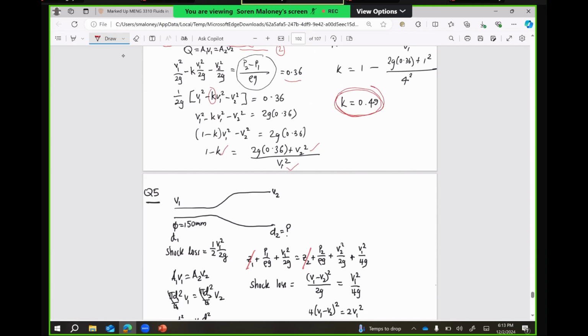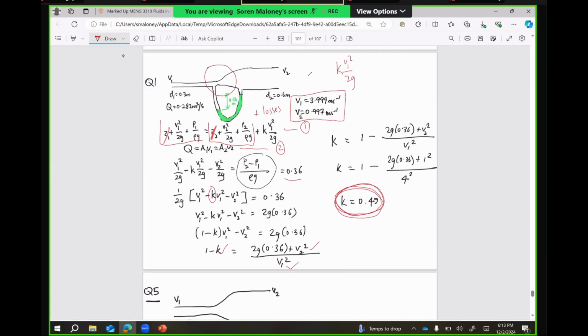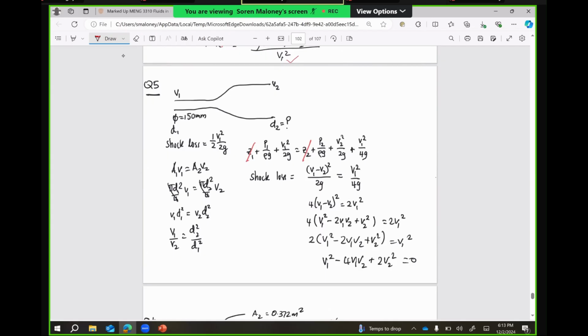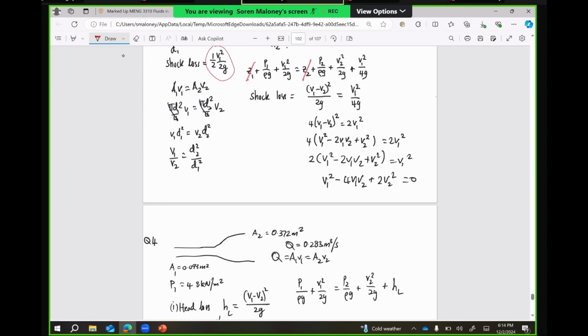So we've theoretically worked out what the K value, our coefficient, would be for an expansion. It's usually always a half, right? That's why we take it as a half. But here we're using it as a half already, right? Which is here, when we go from a small pipe to a large pipe, right?